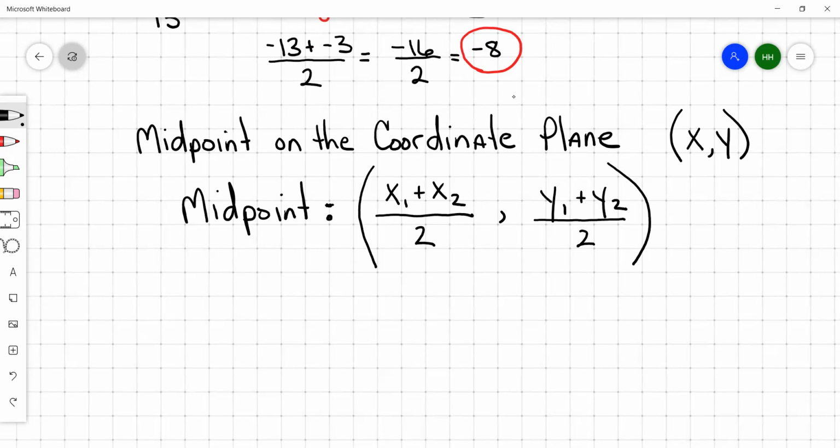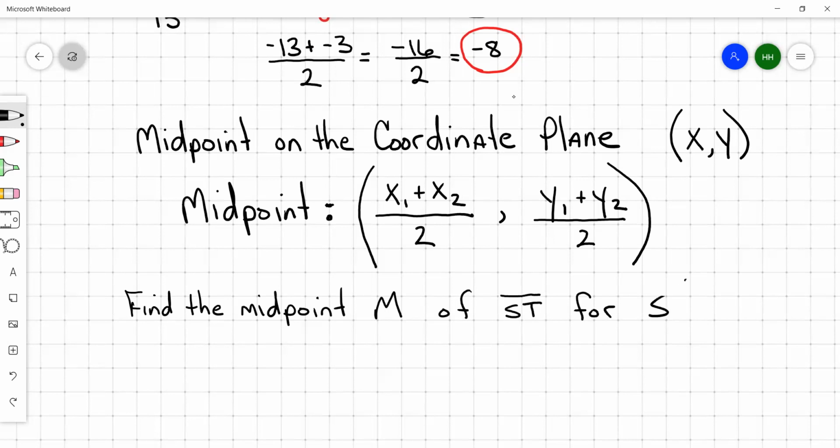So here's an example. Find the coordinates of the midpoint M of segment ST, where S is located at -6, 3, and T is located at 1, 0.